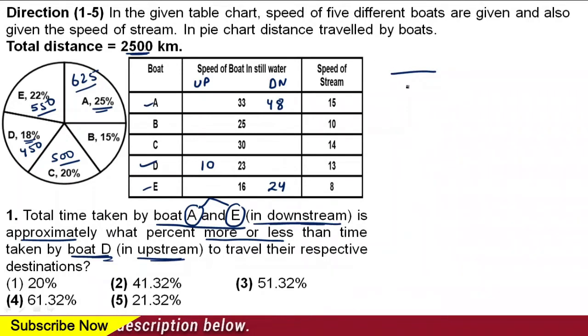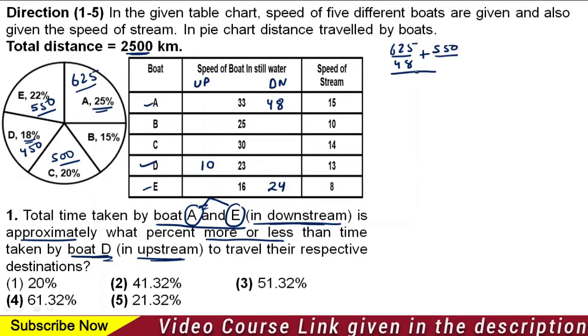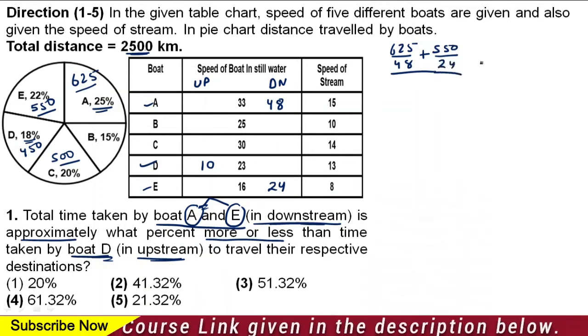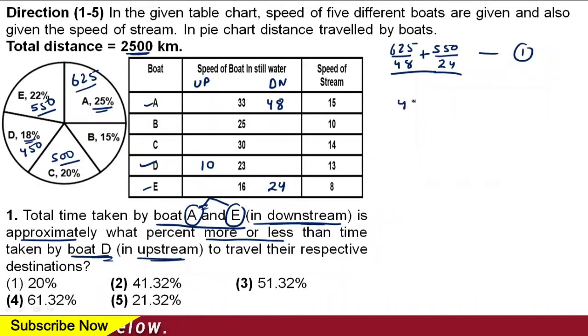So I could have done 625 upon 48 for A, plus the time taken by E, which is 550 upon the speed of boat E, 24. That would be the first value, and the second value would be for boat D: the distance is 450 upon the speed for boat D, which is 10.